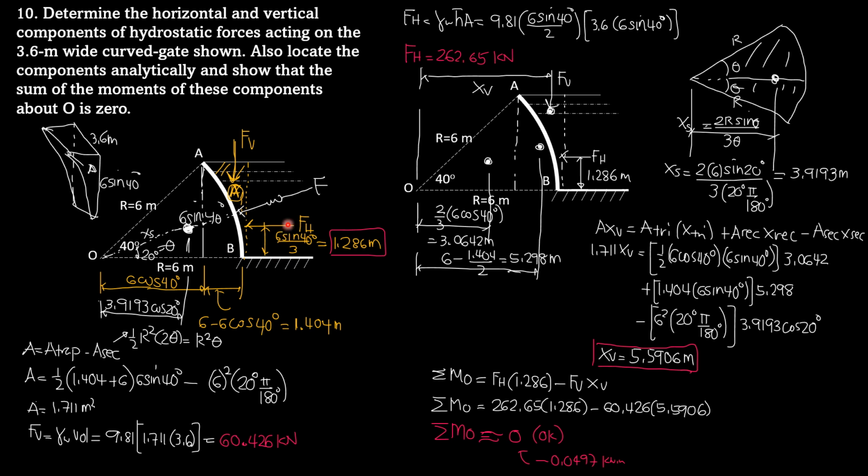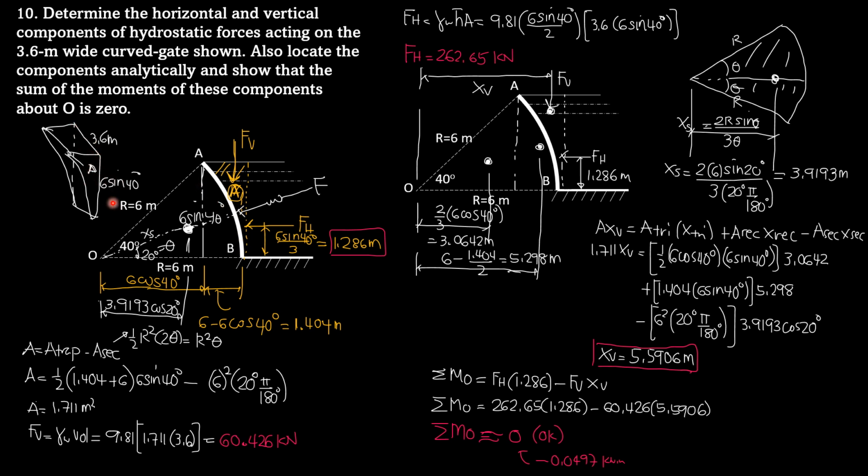FH. We can easily locate FH because the surface is flush with A, and this is a rectangular projected area, where the height is 6 meters sine of 40, which is now this one, and perpendicular to the board 3.6 meters wide. And this is the area here.